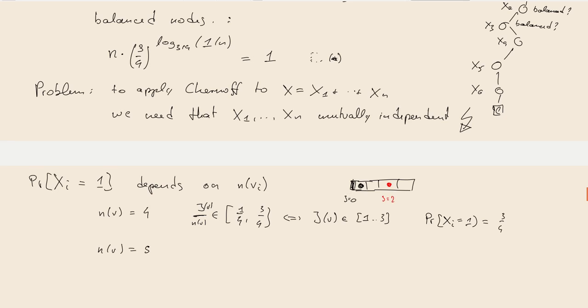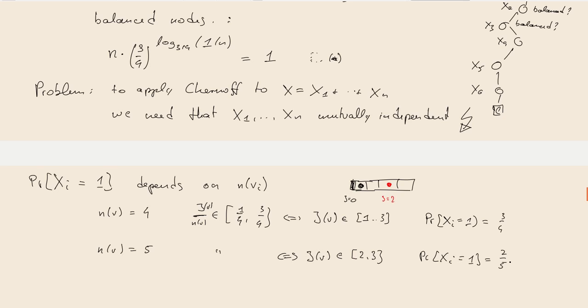If we go to 5, we can ask the same question. So this remains the same. But because we now have 5, you can check that there's only 2 possibilities in that case. And that means there's just 2 out of 5 possible pivot choices that makes this node balanced.